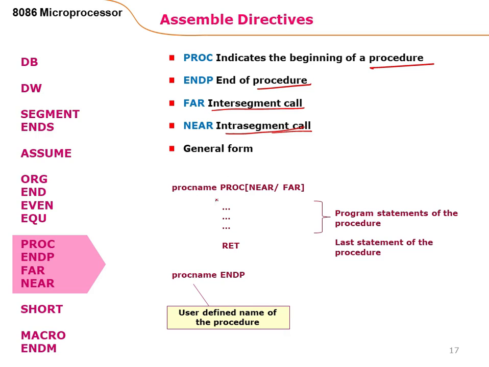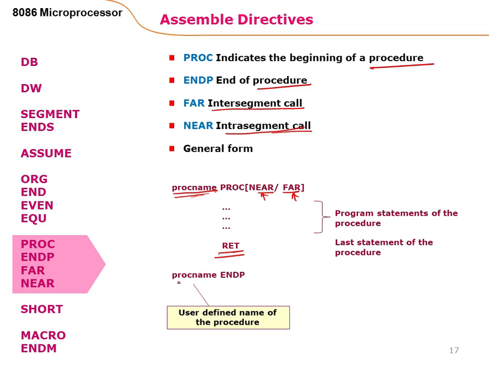The general form is like this. Procedure name: we can give a user-defined procedure name such as addition, check, maximum number. Then PROC NEAR or FAR: NEAR shows we are accessing within the segment, and FAR is inter-segment. RET will transfer the instruction pointer, after execution of this procedure, back to the main program.